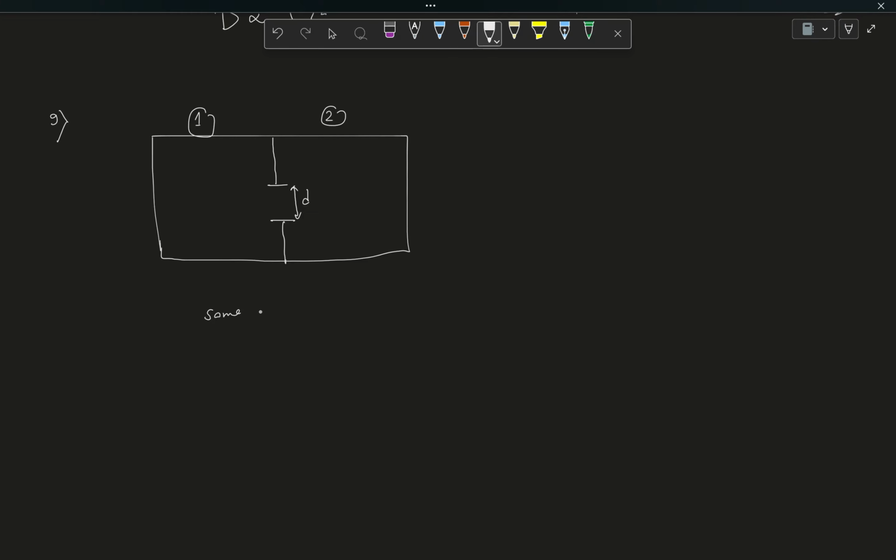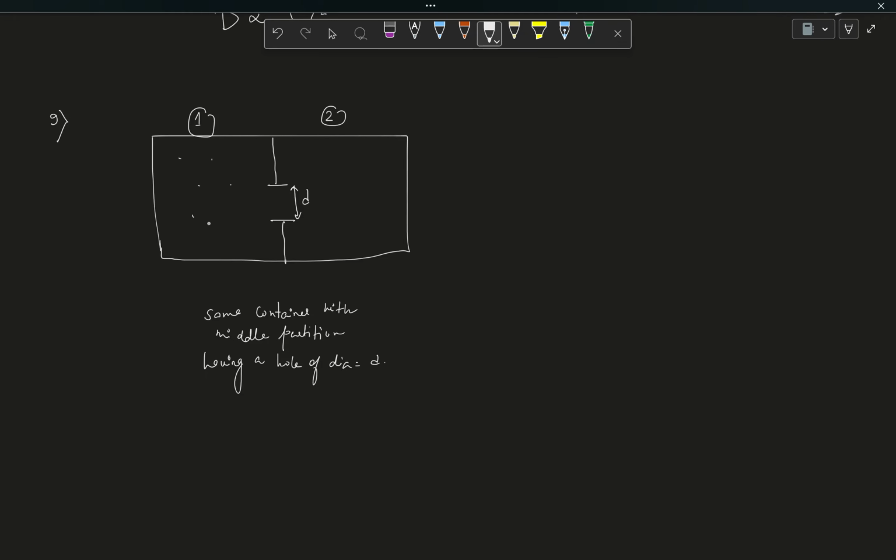Okay, so this is the same container with a middle partition having a hole of diameter D.